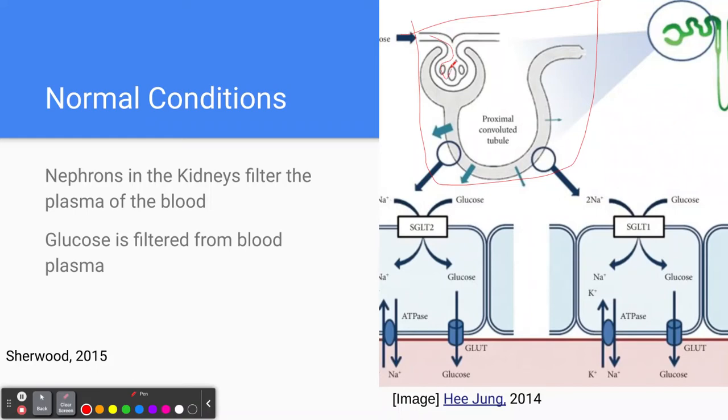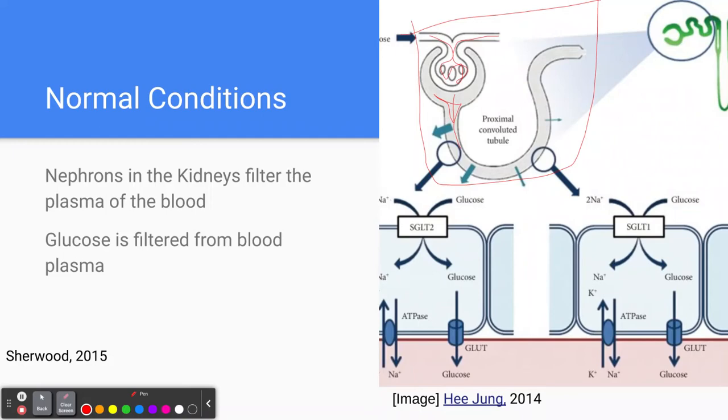There are going to be capillaries in here, and there's going to be some diffusion of glucose, and many other things are going to get filtered out into the renal tubule, which would be this part right in here. So some of that glucose is going to be filtered into that renal tubule.